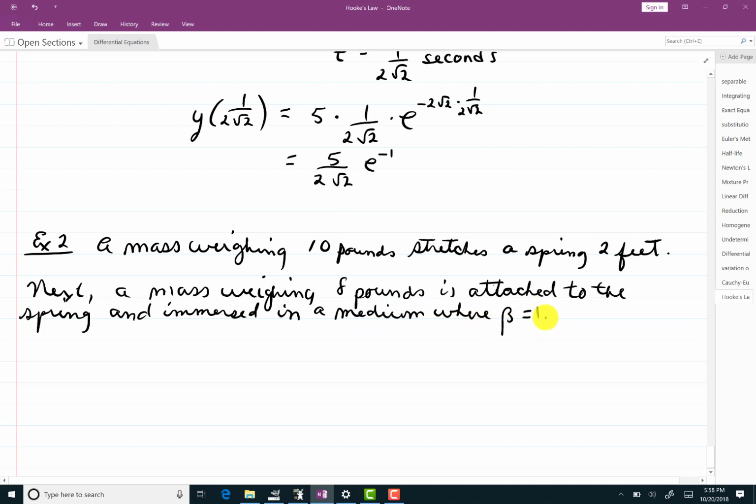So beta equal to 1 means that the retarding force of the medium is proportional to the instantaneous velocity. It actually is equal to the instantaneous velocity.